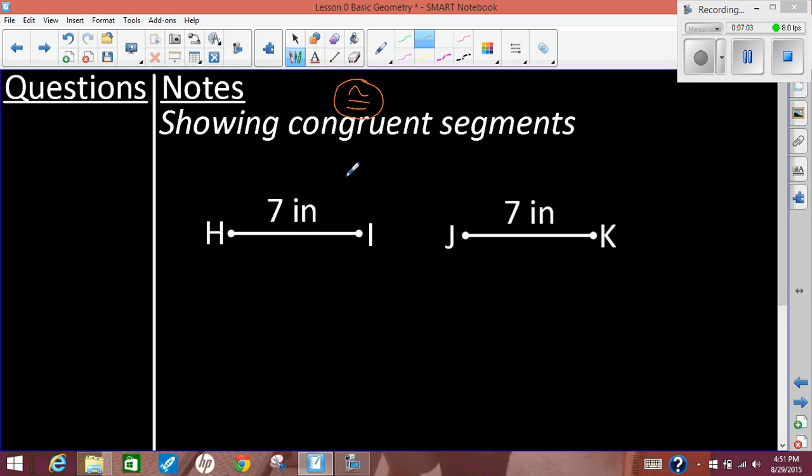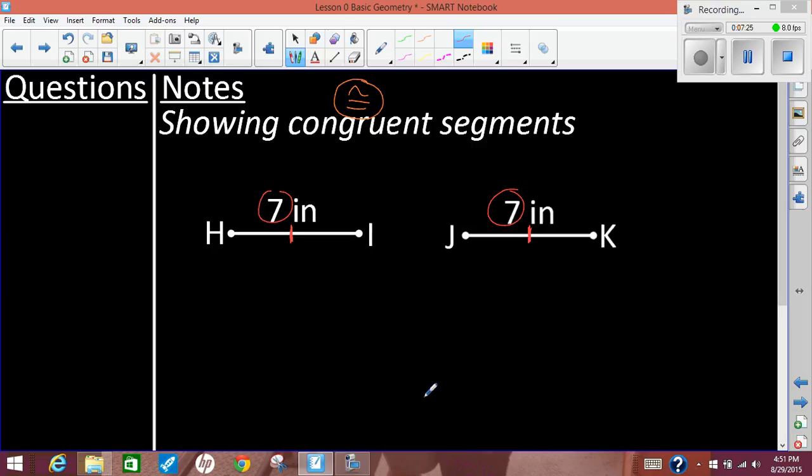They have the same shape, they're line segments, and you can see here that they have the same size. They're 7 inches long each. So if we want to show on these two segments using some sort of symbol or representation that they're congruent, all we're going to do is put a slash on each of them.